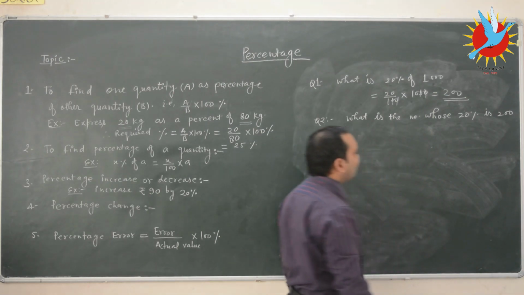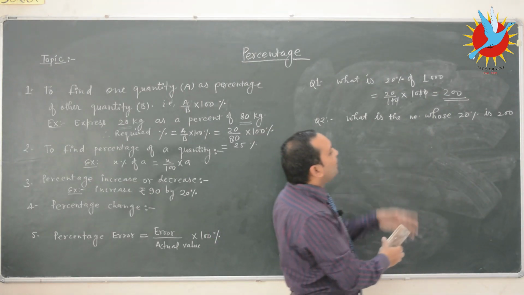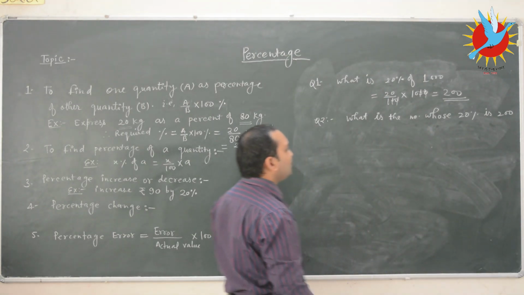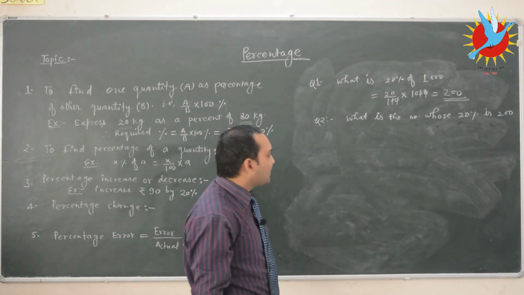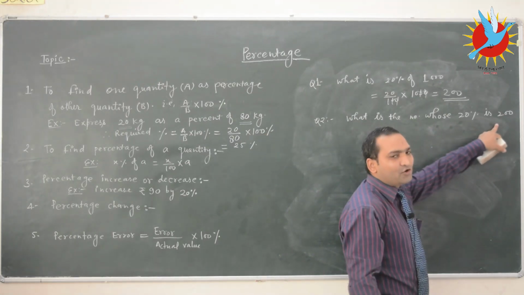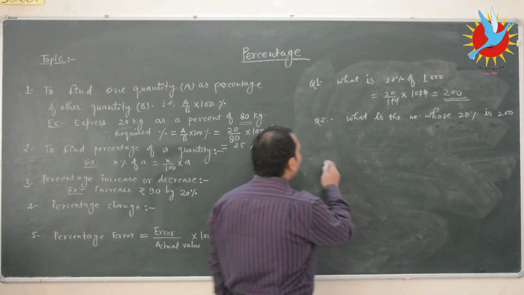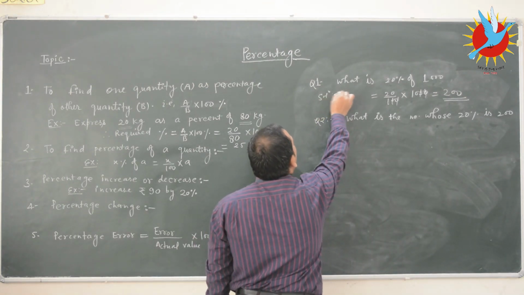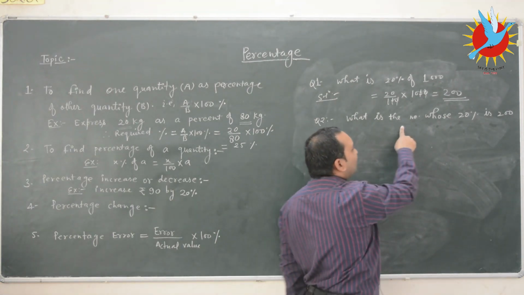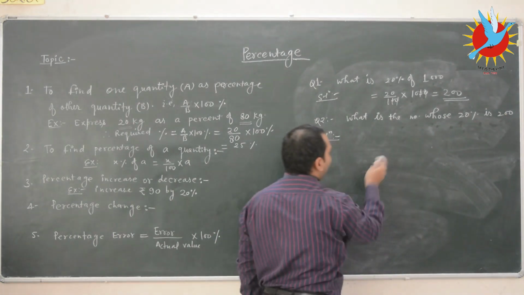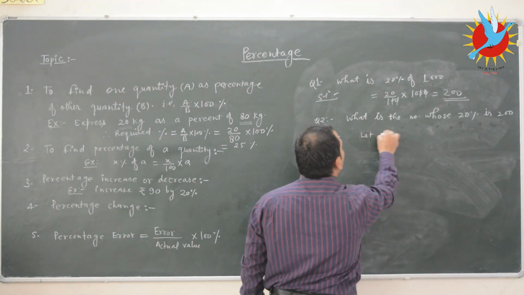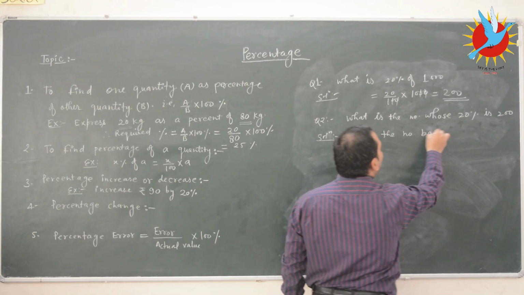First we consider that the number is x, and 20% of x is equal to 200. So the required number: let the number be x.